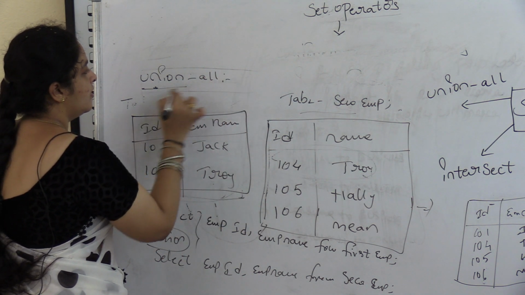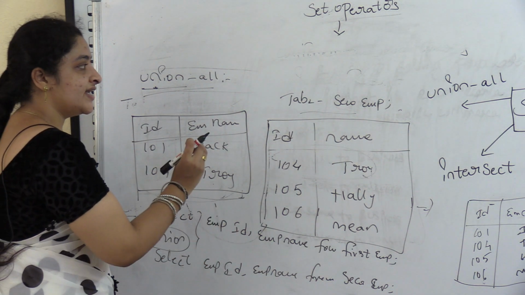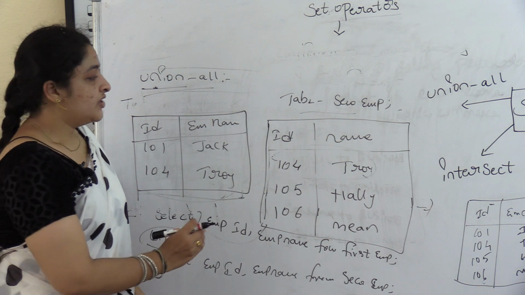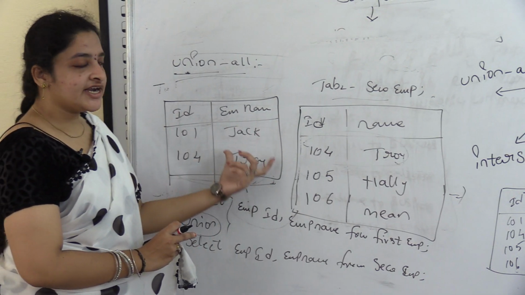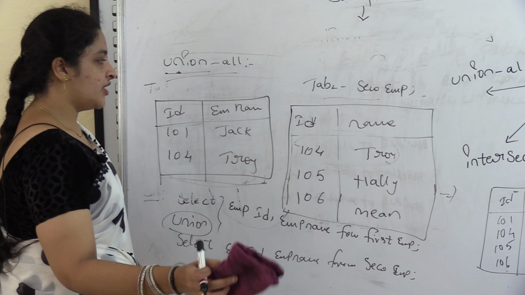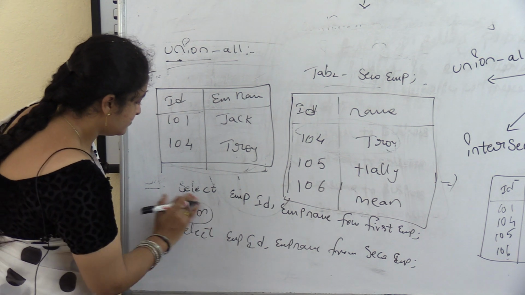Union all is the same as union, but it doesn't eliminate the duplicates, and the column names and data types must be the same in union all. Let's see the syntax and example.